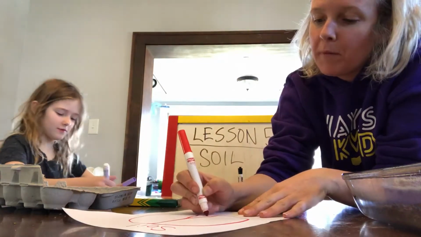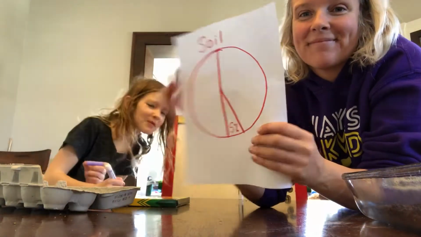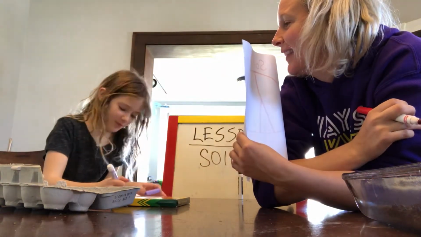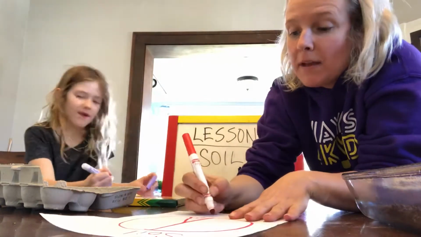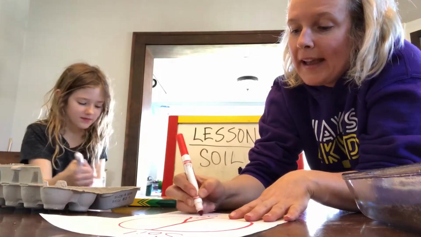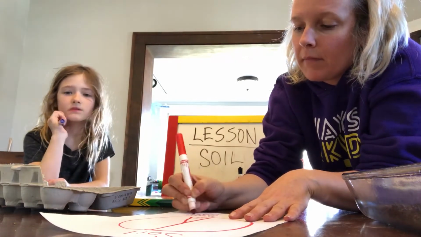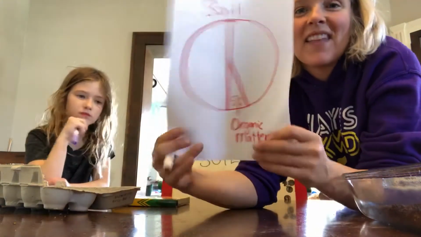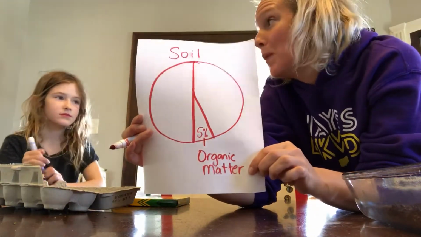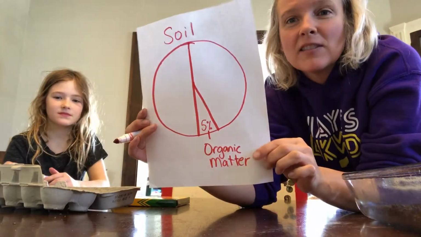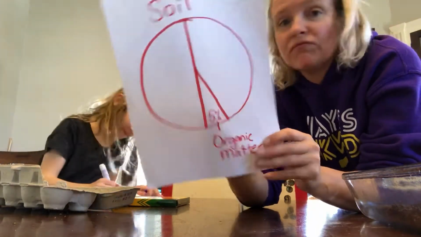I'm going to write 5% inside, like that. 5% of soil is something that we call organic matter. Organic matter are things like broken down leaves, worms, worm poop, right? So that's organic matter. You can put OM if you want, for sure.